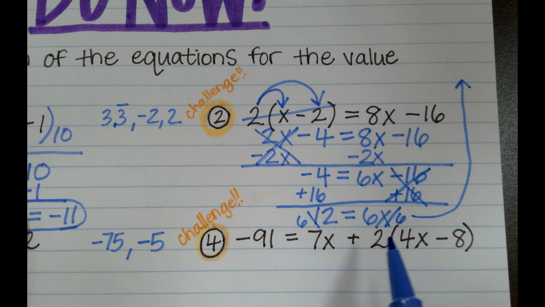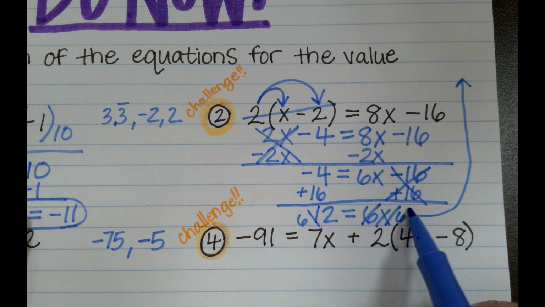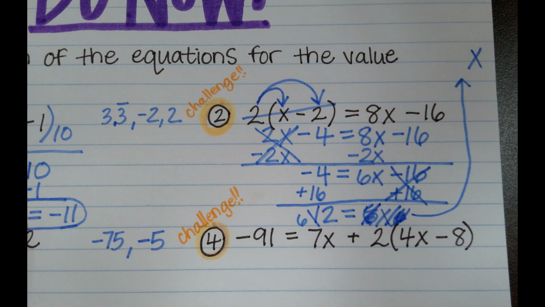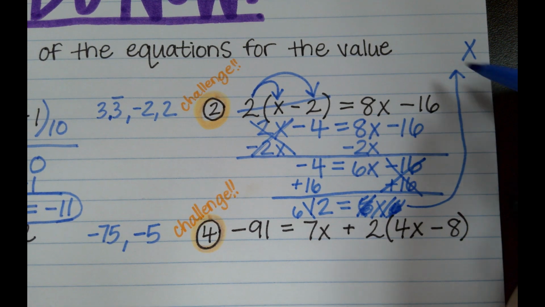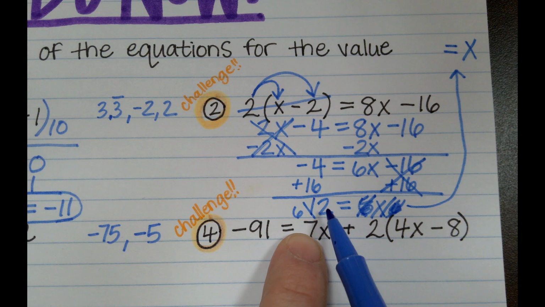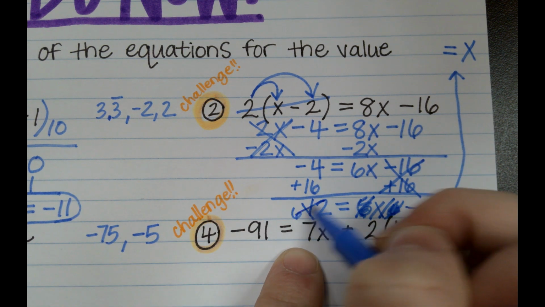I'm sorry about that. We did 6x divided by 6. That gets rid of our 6's. We will have x by itself. We'll bring down our equal sign. And what is 12 divided by 6? 2.